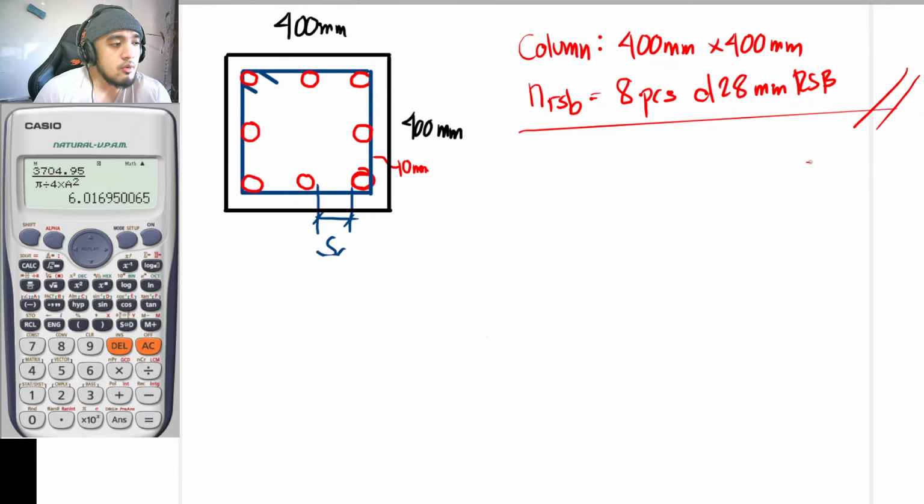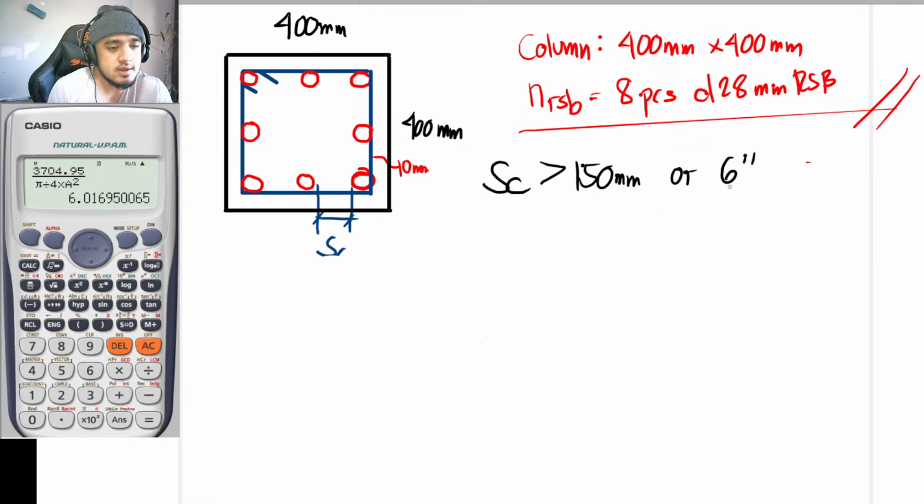So okay, now we will be checking if cross ties are required here. By cross ties, these are to be your cross ties, if any. We will now be checking if it is required. And for us to know if it is required, if the value for our SC is greater than 150 mm or 6 inches, it means that we must provide cross ties.